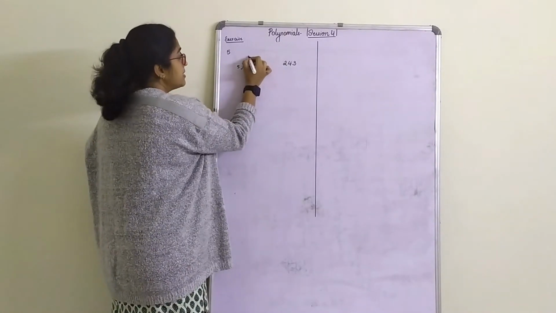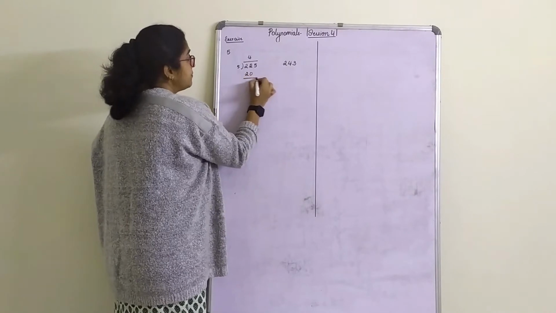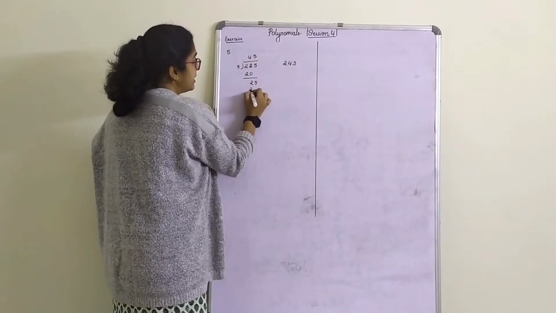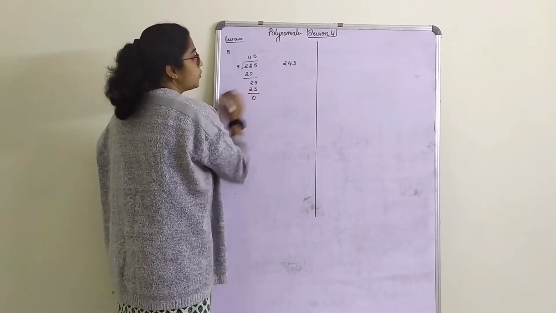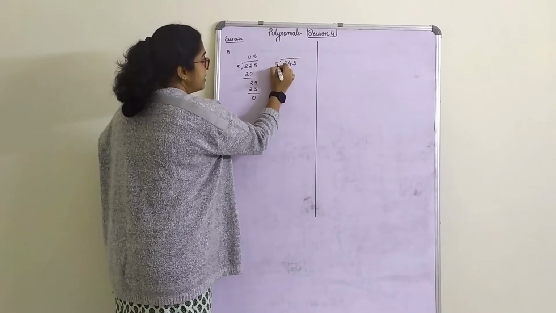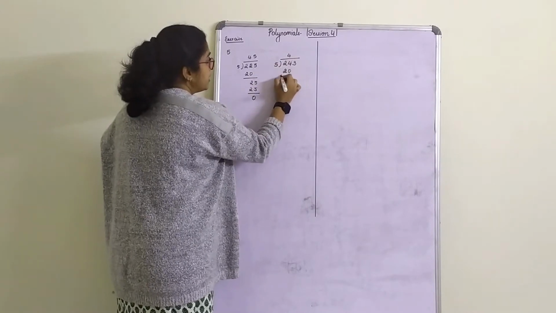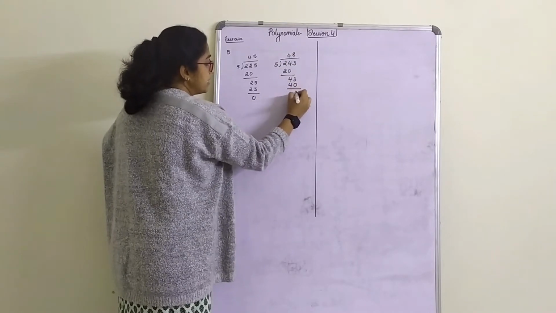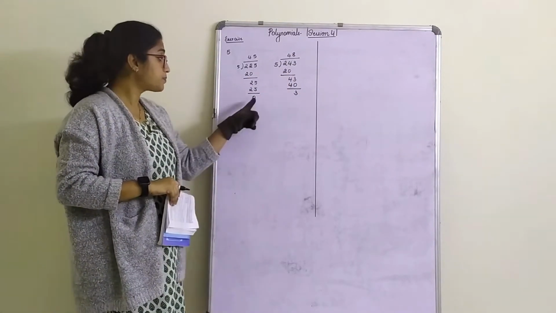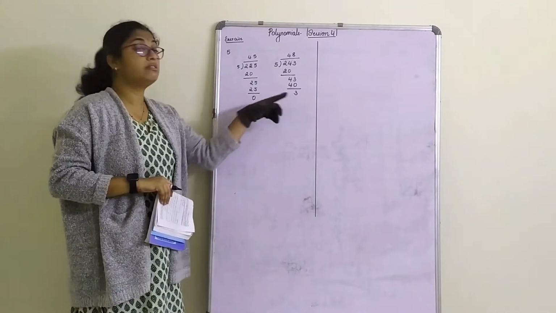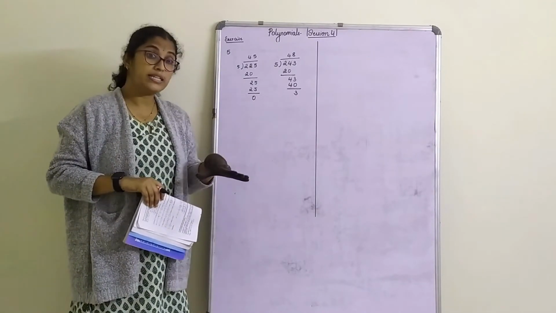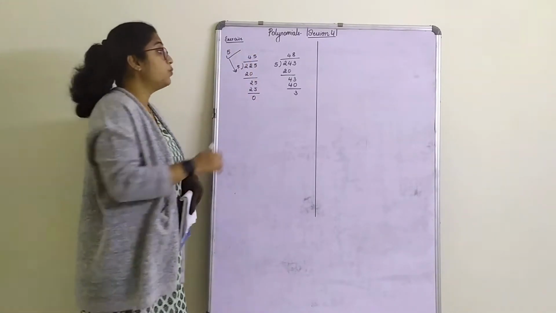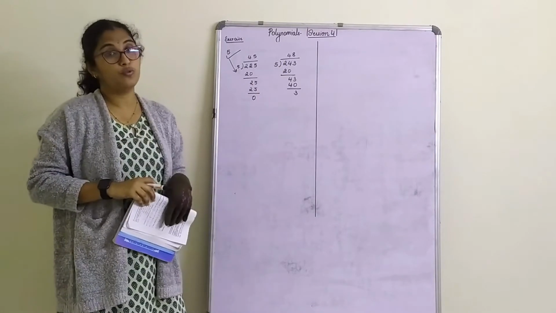When we divide 225: 5 4s are 20, 2 remainder, bringing down 5, 5 5s are 25, remainder is 0. For 243: 5 4s are 20, 4 remainder, bringing down 3, 5 8s are 40, 3 remainder. Here we got 0 as a remainder in one case and 3 as a remainder in the other. Since we got 0 as a remainder, 5 is a factor of 225, whereas 5 is not a factor of 243.